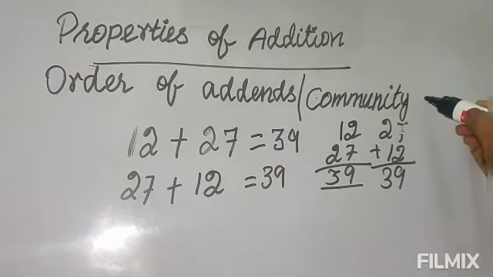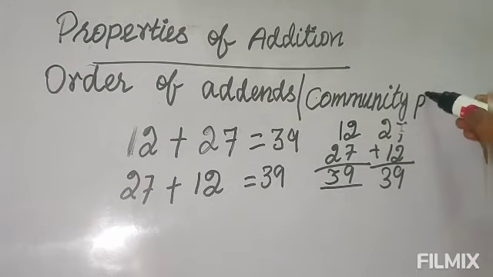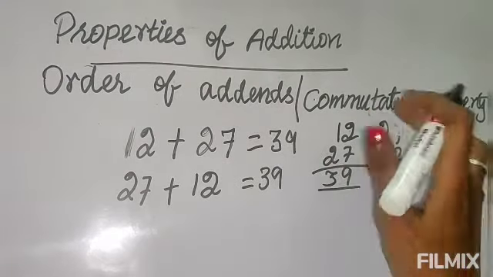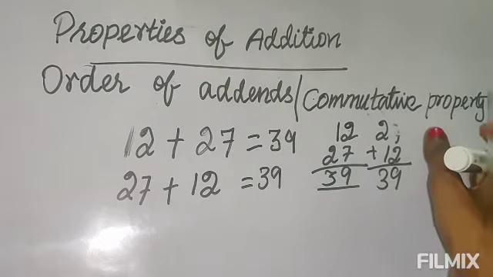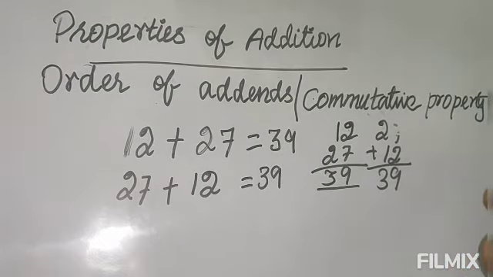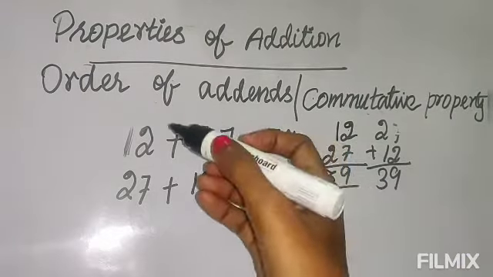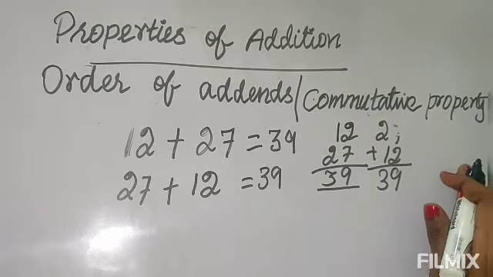So this order of addends is called commutative property. When you go to higher classes, don't think that we have not learned it in smaller classes. They will ask these basics whether you have learned them or not. This is the same thing you are learning here, order of addends, given as commutative property in higher classes.